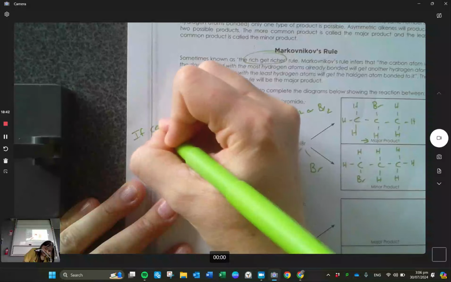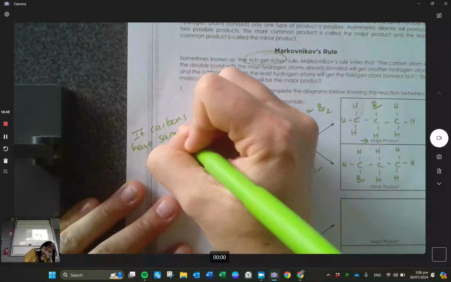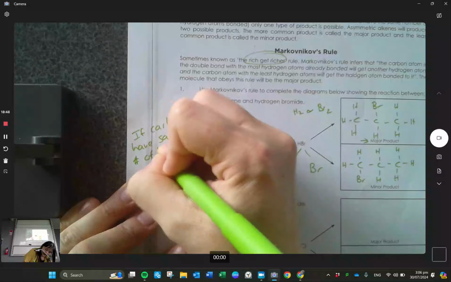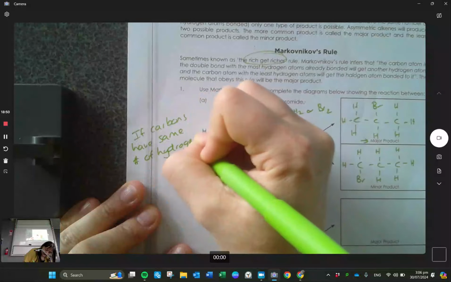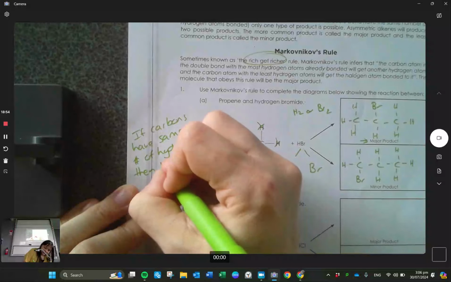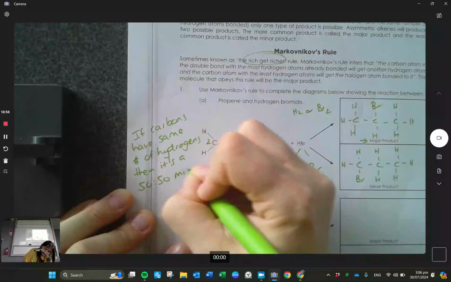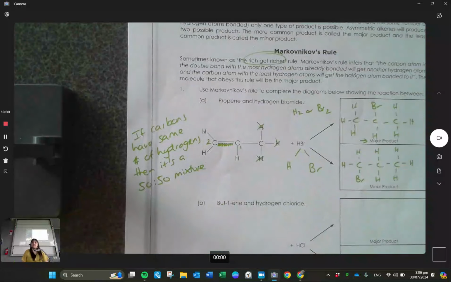If carbons have the same number of hydrogens, then it's a 50-50 mixture. Are you good with that?